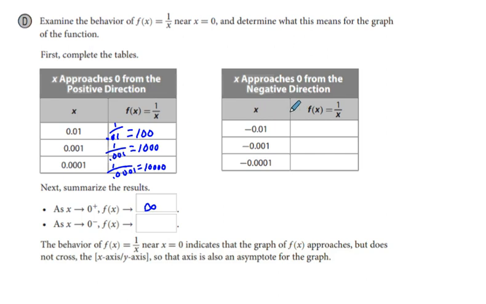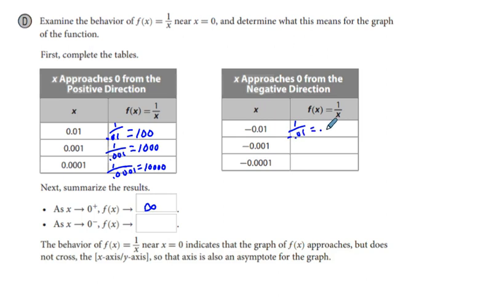Okay, now on the negative side, as we approach from the left, we have at negative 0.01, I wrote it wrong, didn't I? We're going to put 1 over negative 0.01.